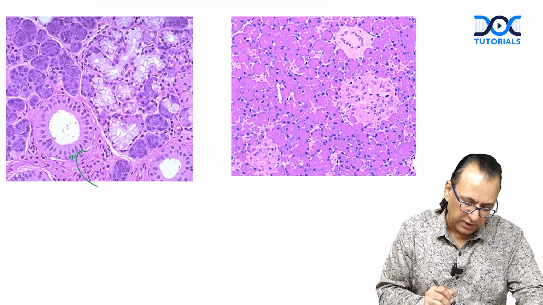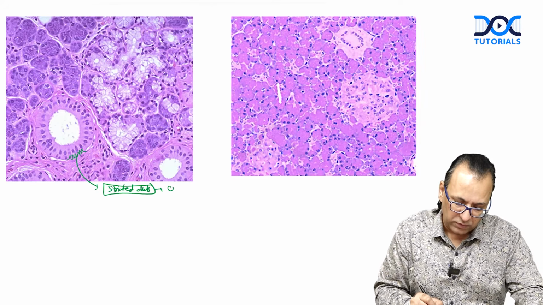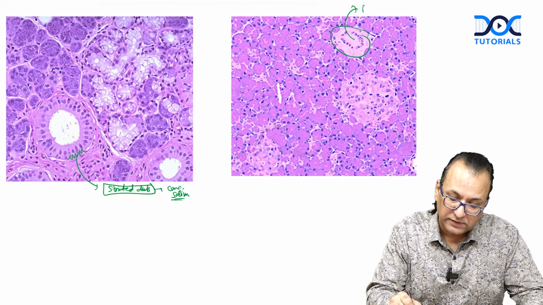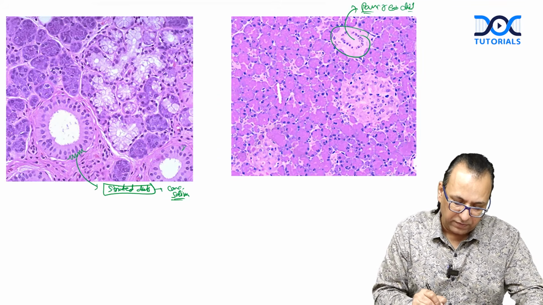And why do you need those striated ducts? We need the striated ducts because we want to concentrate the saliva, and that is not seen in the duct of the pancreas. This is the pancreatic duct. Obviously you cannot see the striations at this level. You need a more magnified view, then you can see those striations.